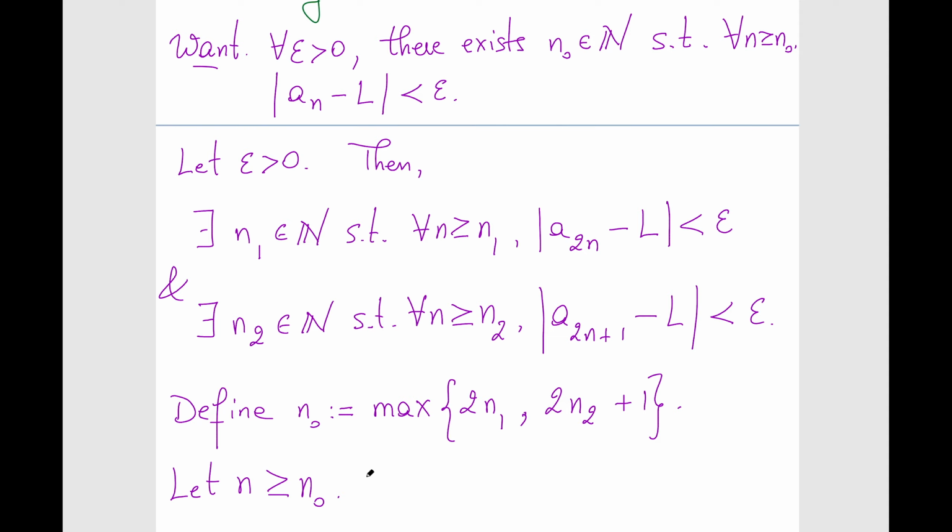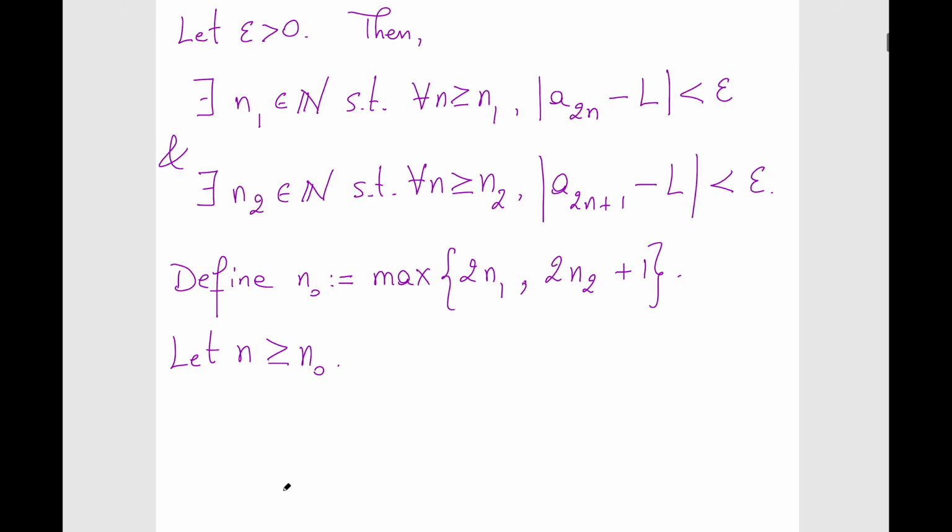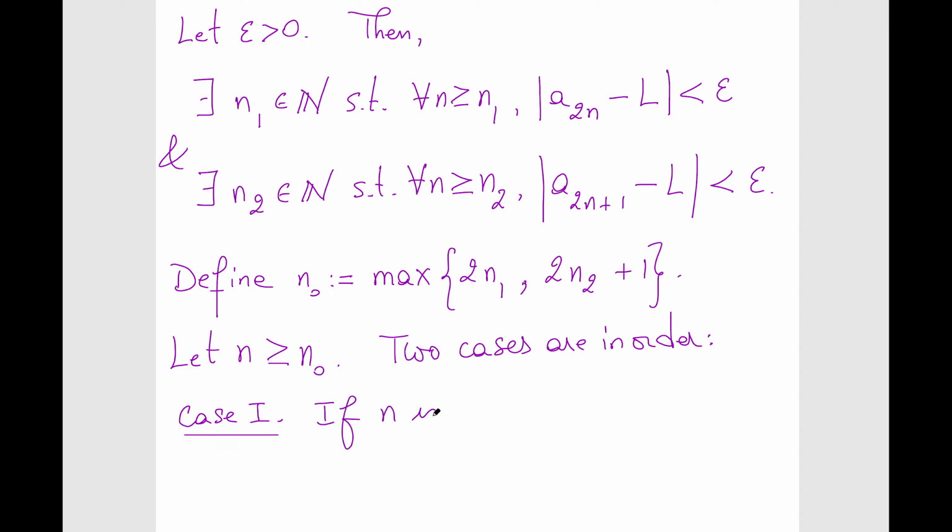Okay. Well, this n that you choose has two cases. Either it's an even one or an odd one, right? So two cases are in order. Case one, if n is odd.